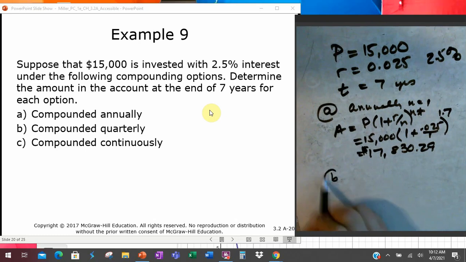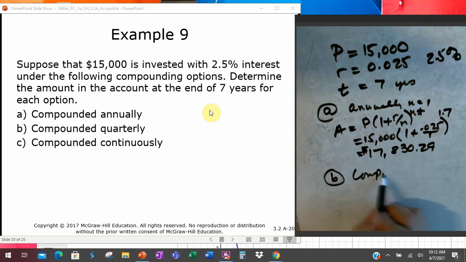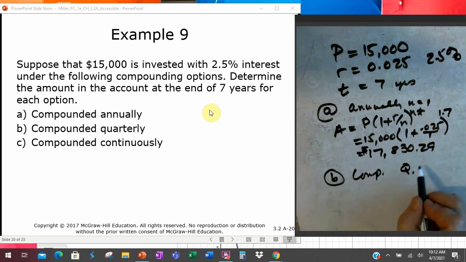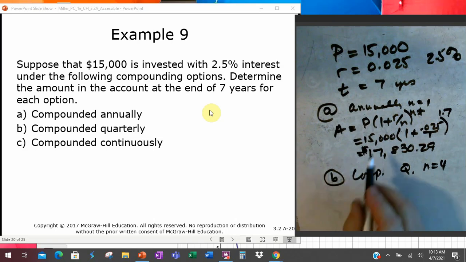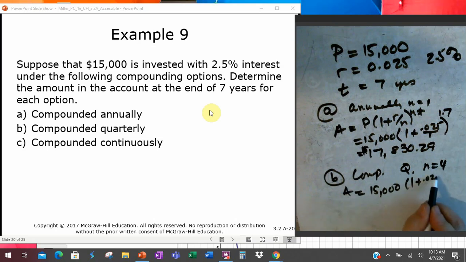So B, I'm compounding quarterly. For quarterly, N is equal to 4, for 4 quarters. It's the very same thing, so I write 15,000, my principal, times 1 plus 0.025, because everything else is the same, except this is now 4, and this is now 4 times 7. It's 28. It's 1/4 the interest each time, but for the next quarter I'm actually earning a little better interest. This is a much better option.